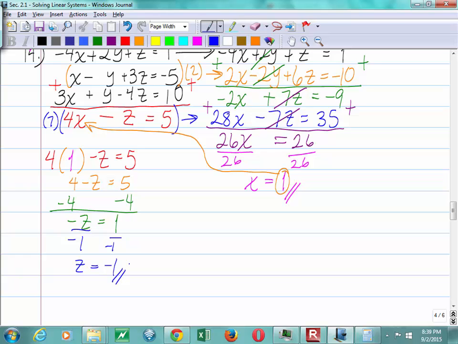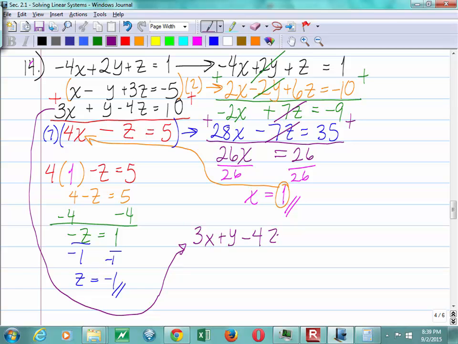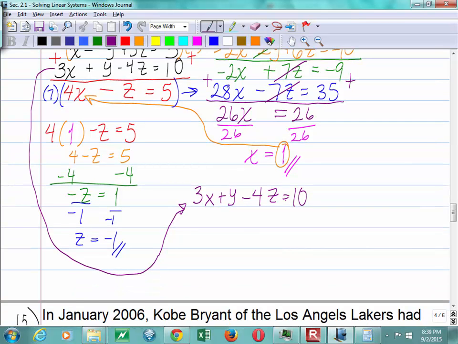Okay, so now I just have to find out what y is. So I'm going to go back and grab one of my original 3 variable equations, and you can use any of them, but I'm going to choose the third one. Okay, so that was 3x plus y minus 4z equals 10. And I'm going to plug in the 1 for the x.